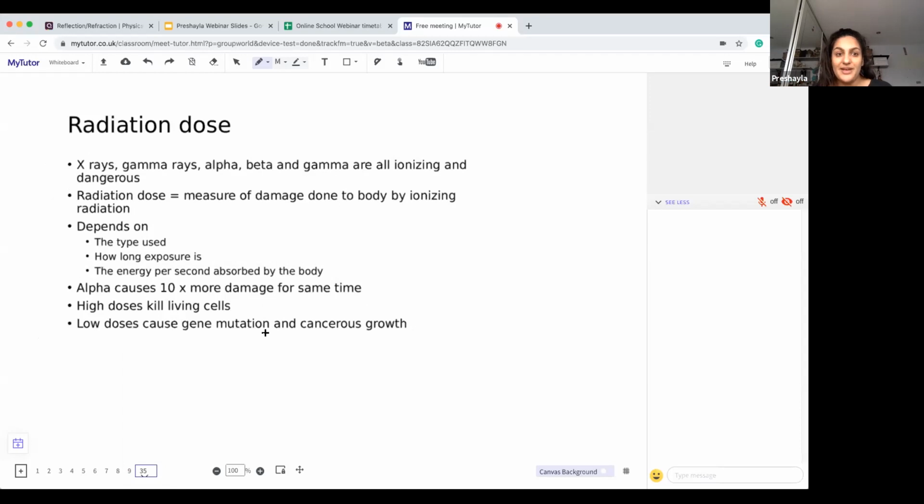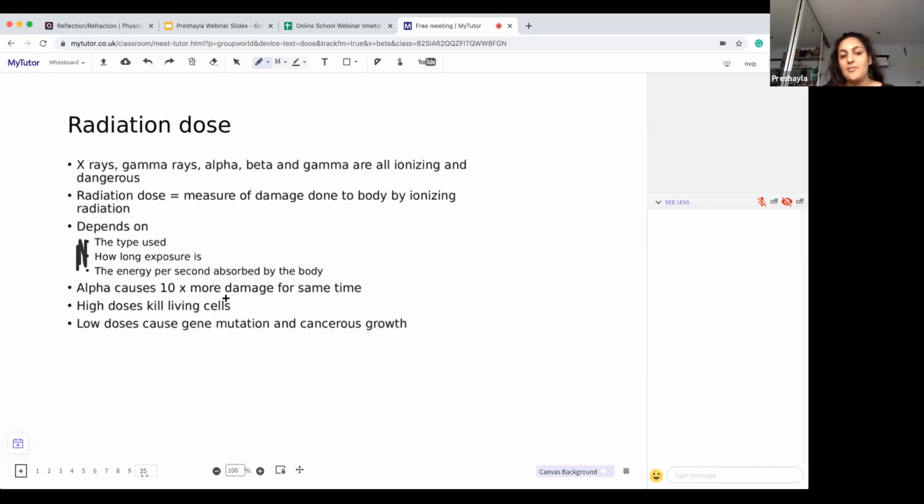And we found out that it was actually 2,000 over your lifetime, I think it was. So hardly any damage is done to you if you have an X-ray. It all depends on how much the exposure is, what type you use, and the energy per second absorbed by the body. So these 3 points here.